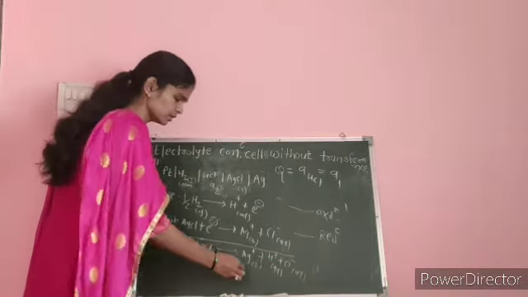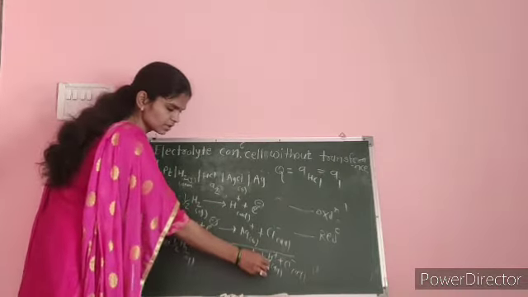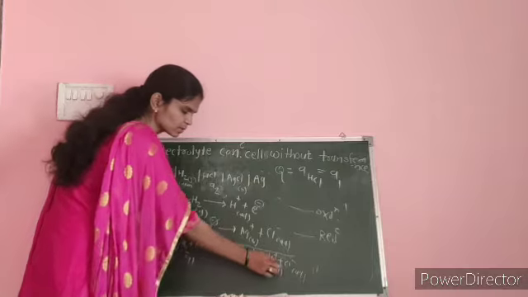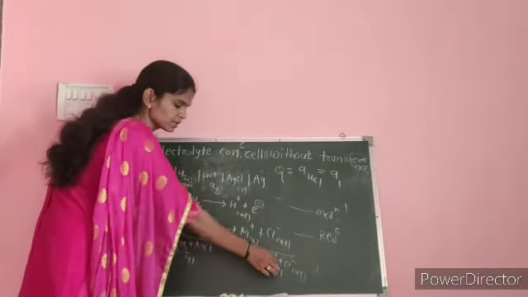Combining this H plus and Cl minus, we get HCl.